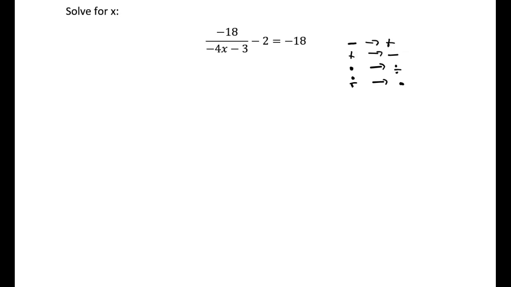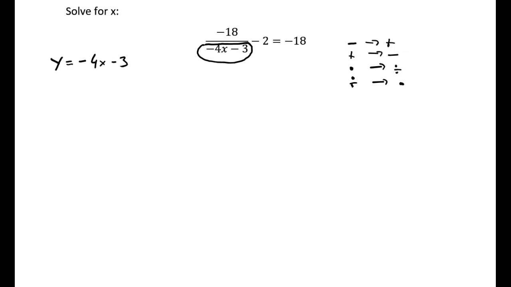We can substitute this expression that we have here in the denominator, and we give it a name, another variable. Let's simply call it y. So we've got y equals negative 4x minus 3.